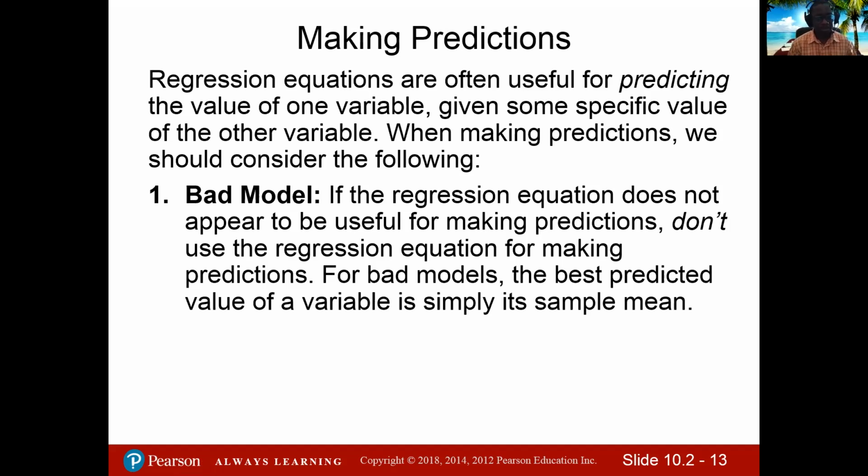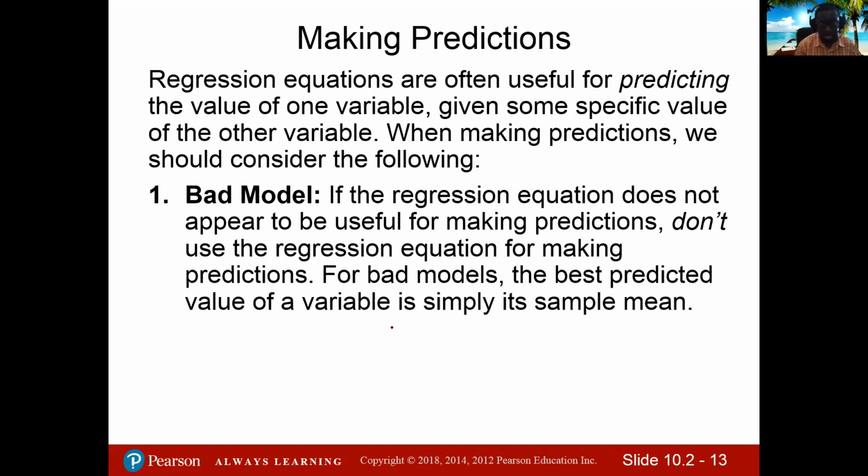But if it's a bad model, how do we use that equation to predict future values? So, making predictions. Regression equations are often useful for predicting the value of what? One variable, given some specific what? Value. For a bad model, if the regression equation does not appear to be useful for making predictions, don't use the regression equation at all.